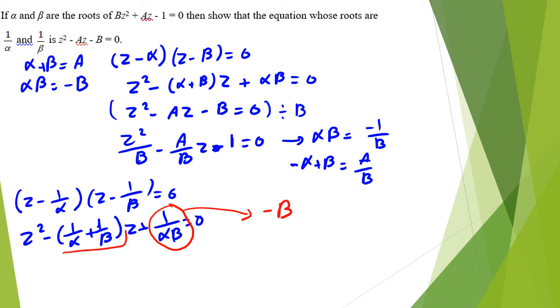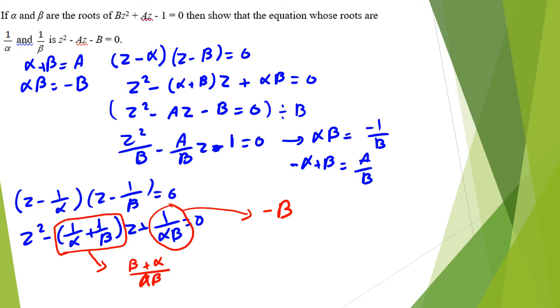Now this term here, I'll have first to write it as one fraction. So to write it as one fraction is beta plus alpha over alpha times beta, just finding the common denominators.